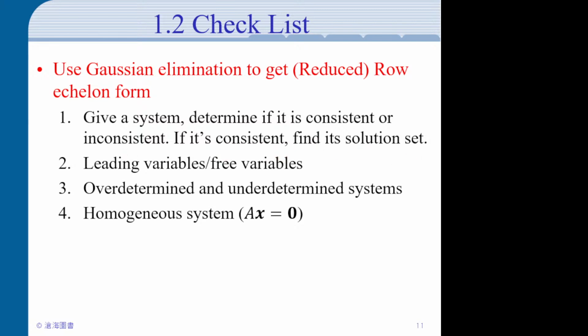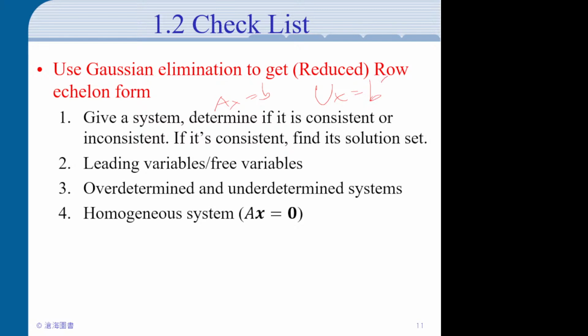So you take your Ax equal to b, and then you do the Gaussian elimination, and you basically get Ux equal to some b prime, right? You actually do this in an augmented matrix, but basically you get Ux equal to some b prime.